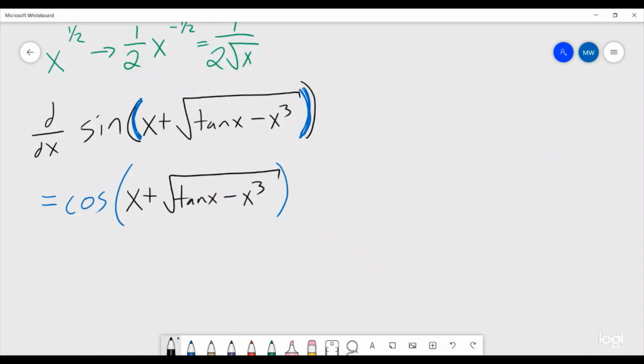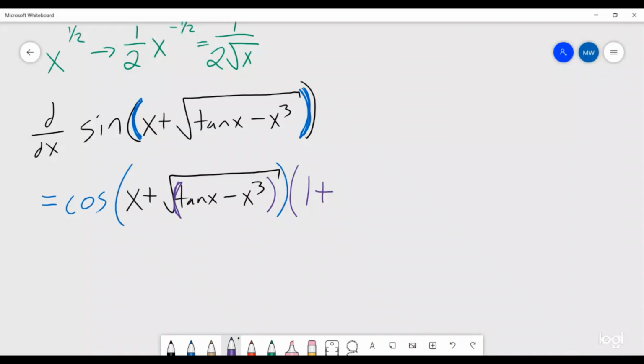Okay, the next thing is we have to multiply this by the derivative of that inside stuff. Well, the inside stuff, derivative of x, well, that's easy. That's a 1 plus, but then we have the square root of tangent x minus x cubed. So that means we have a derivative piece that we have to take there. So that means we are going to need to do the square root, which we already found.